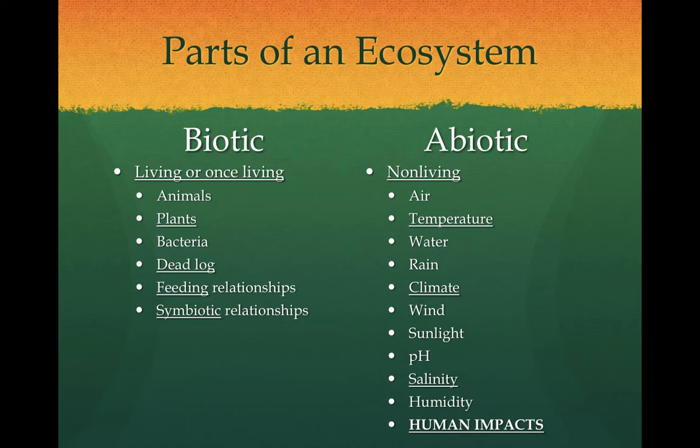Water is one of the most important things, kind of like air. Rain, climate, wind, sunlight, pH, salinity. What that means is the salt content, such as the amount of salt in the ocean water. Humidity, we know all about that being here in Mississippi because our humidity is awful.